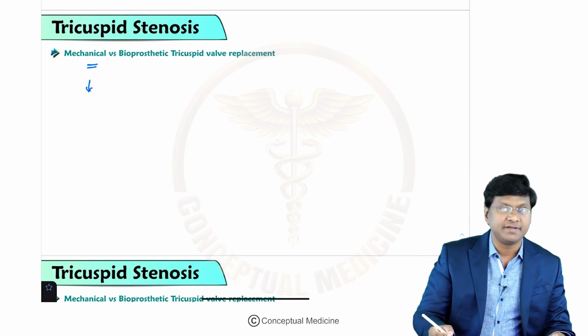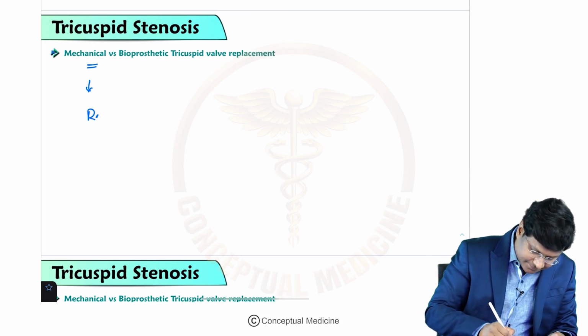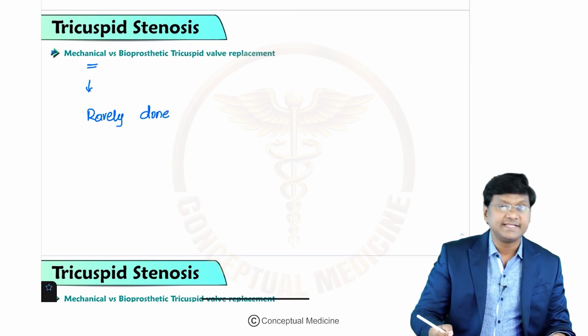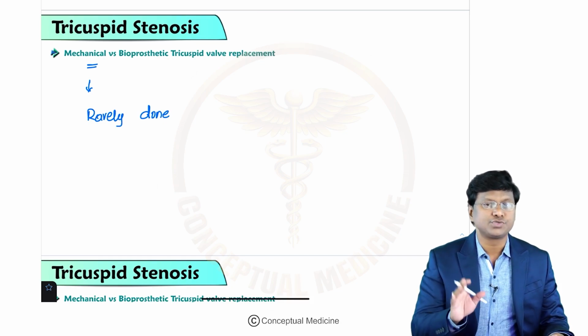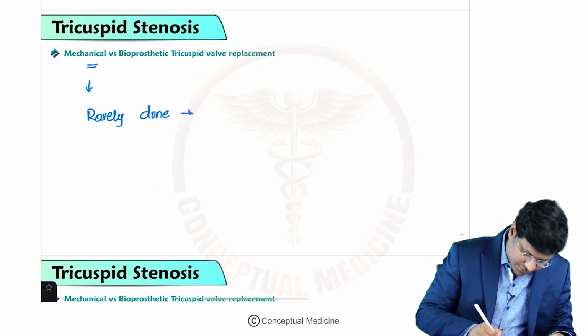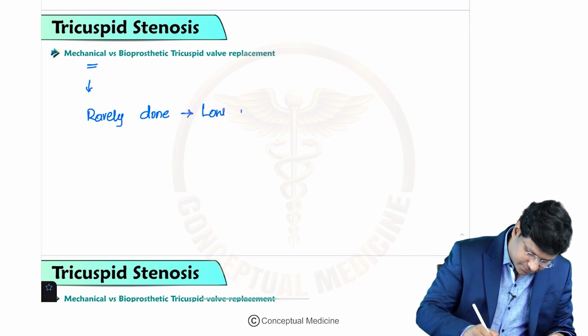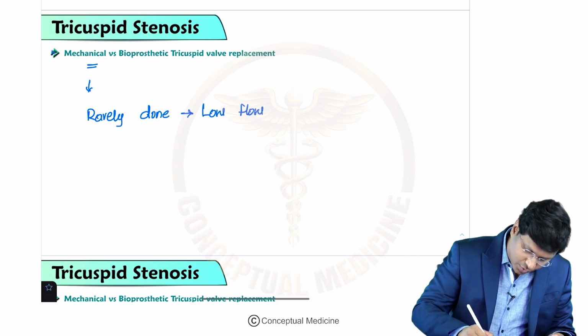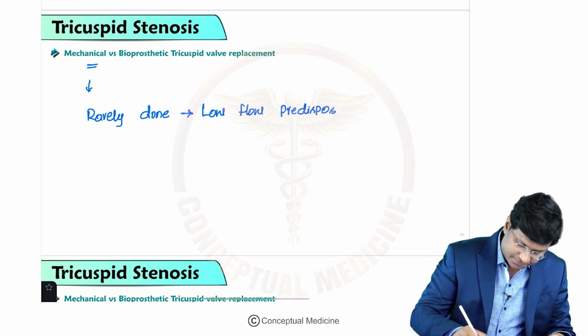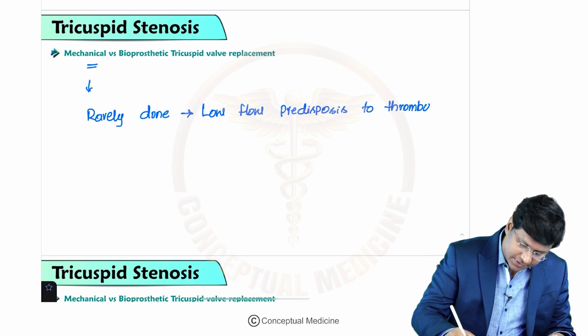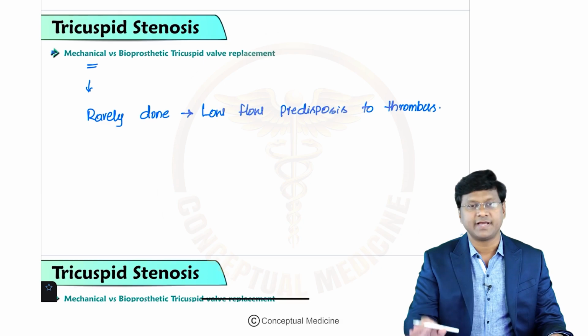Mechanical tricuspid valve replacement is rarely done because low flow predisposes to thrombus formation across the valve.